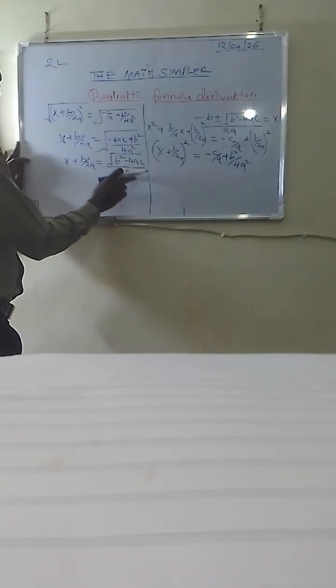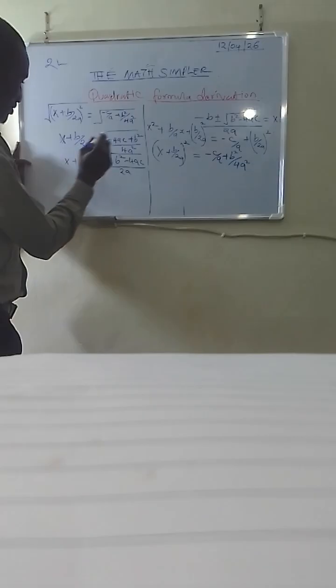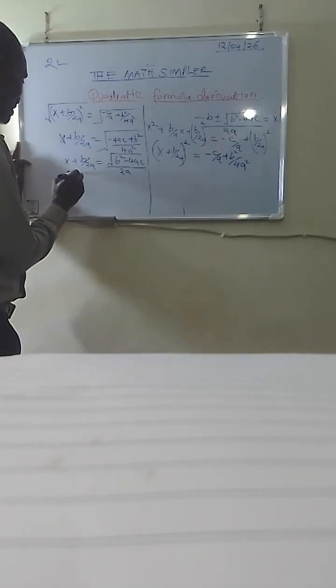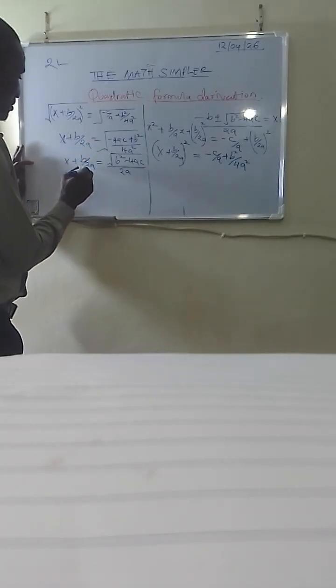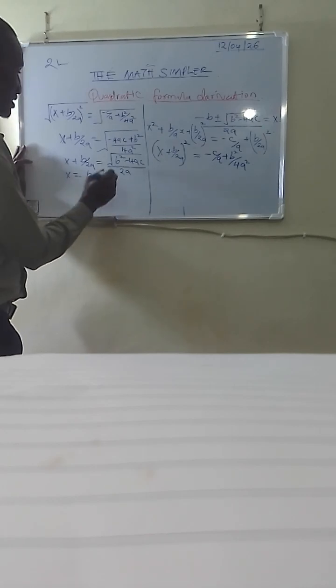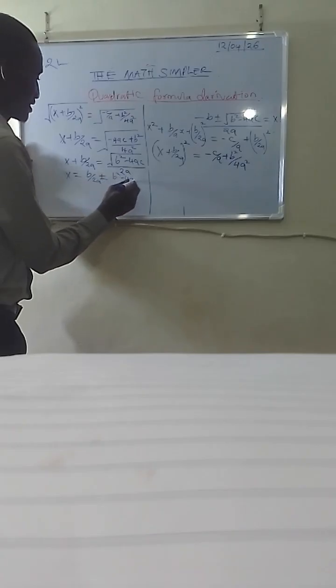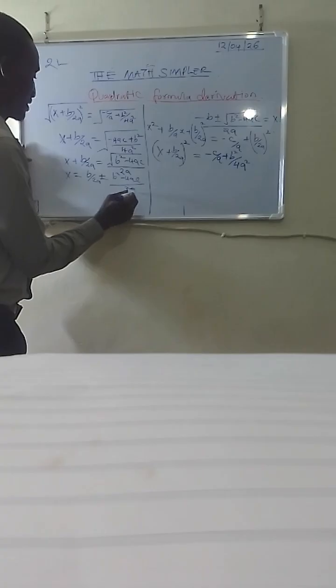We have 2a, 2a. The next thing, take this one to that side, we remain here with x equals b over 2a plus or minus the square root of b squared minus 4ac all over 2a.